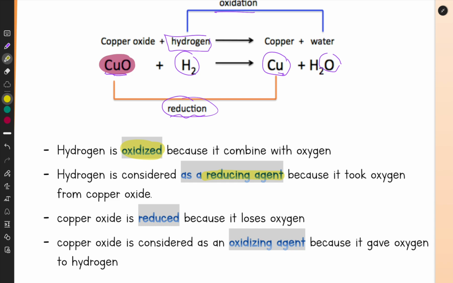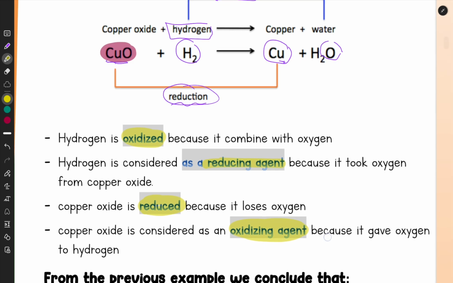Hydrogen is oxidized and a reducing agent at the same time. Reducing agent because it reduced the CuO. Copper oxide is also reduced because it loses oxygen. And the copper oxide is considered an oxidizing agent because it gave oxygen to hydrogen.